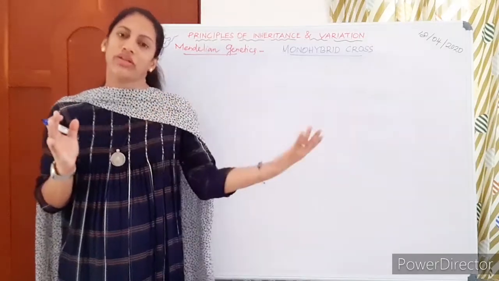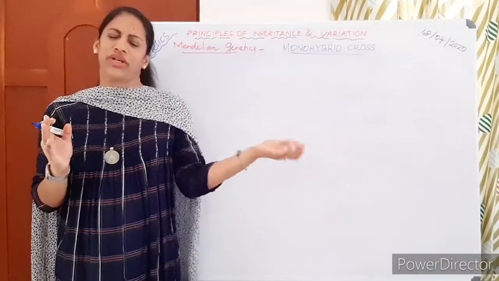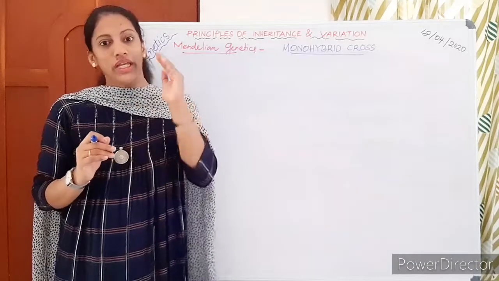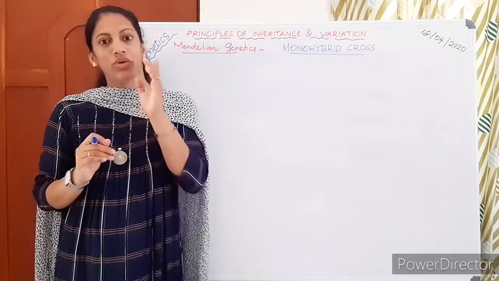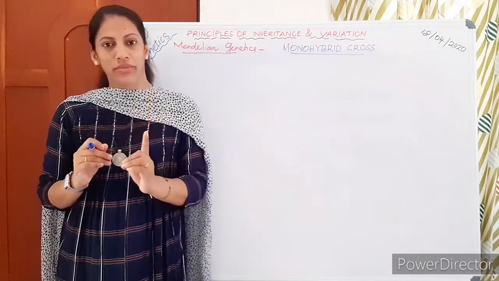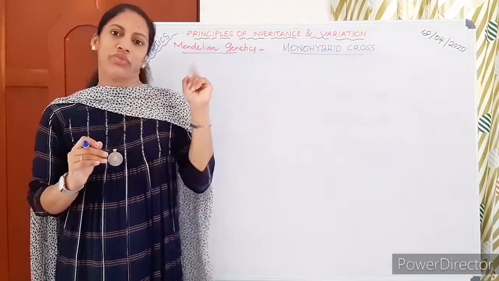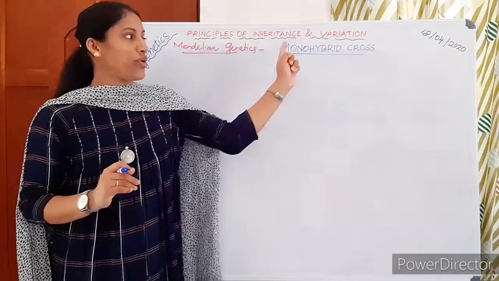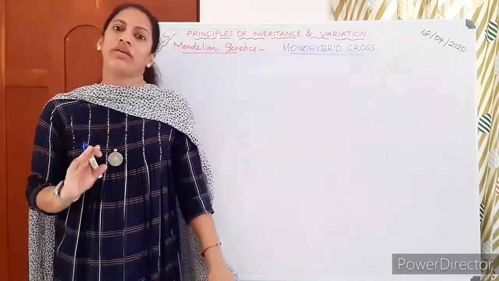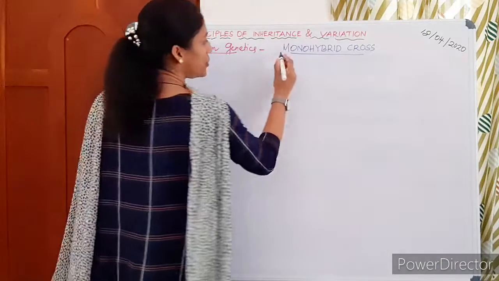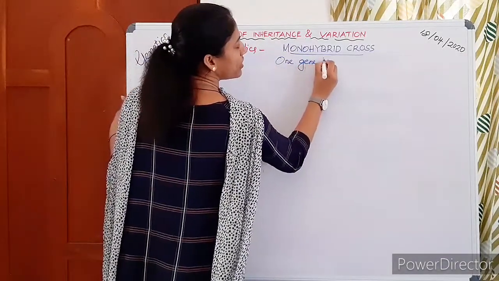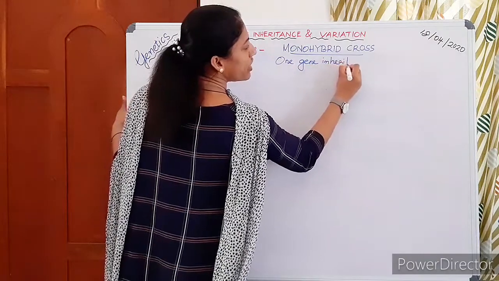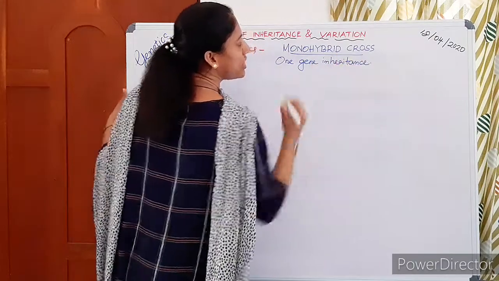Flower color, seed and other features are not taken into account. If the scientist considers only one character at a time, that cross is called a monohybrid cross. So a monohybrid cross is a study of the inheritance of a single gene. One gene's inheritance is studied here. That is why we say only one character is focused on at a time.